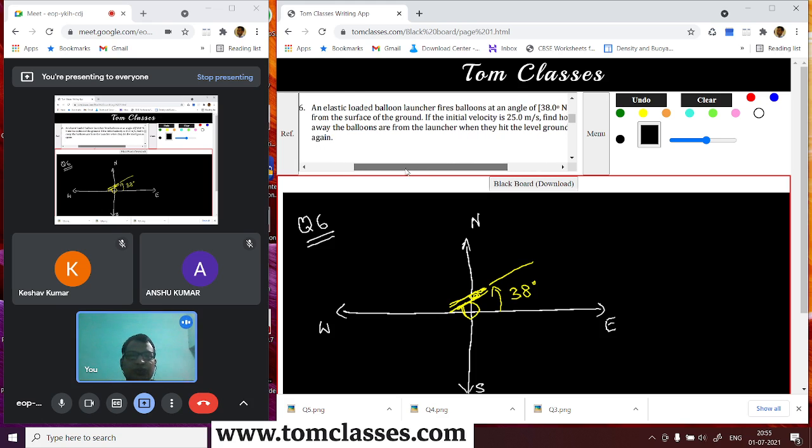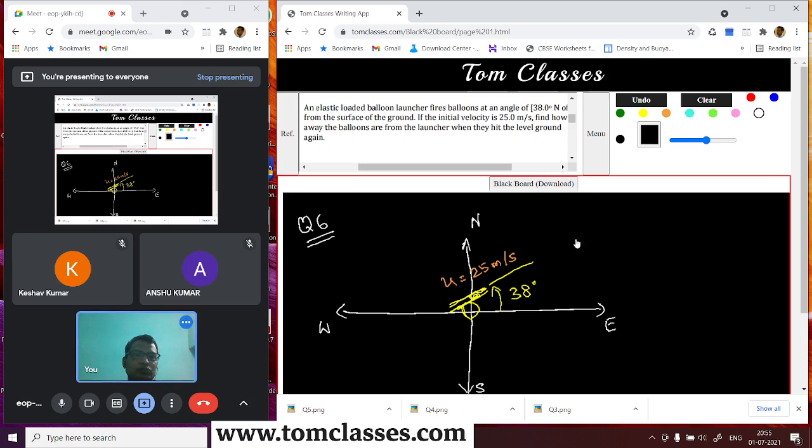So that is from the surface of the ground. If the initial velocity is 25 meter per second, that is the initial velocity. Find how far away the balloons are from the launcher when they hit the level ground.